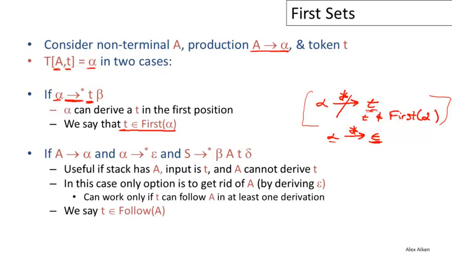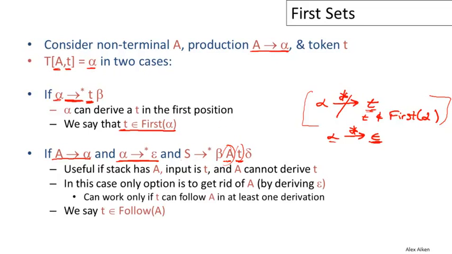In what situation would that be? Well, here are the conditions. If A goes to alpha is a production, and alpha can go to epsilon via 0 or more moves, so alpha can eventually be completely wiped out, and if T can come immediately after A in the grammar, so there has to be a derivation for this to make sense, where A is an important piece of the derivation from the start symbol, and what comes immediately after the A is the next input symbol that we're expecting.